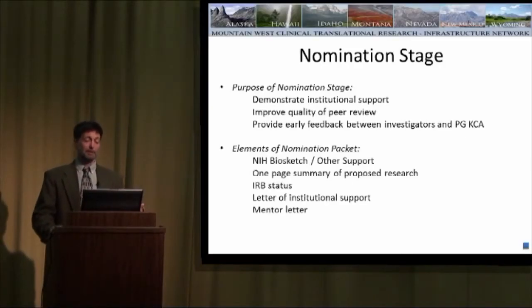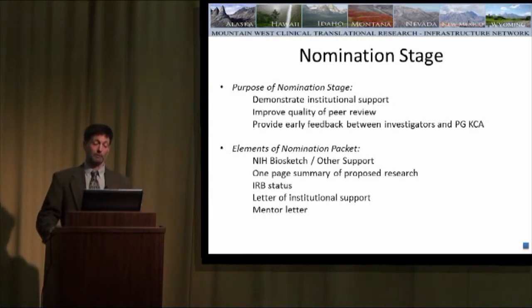So the elements of the nomination packet are several, one of which is an NIH biosketch and other support so that we can confirm that in fact the PI is eligible to apply for this program and doesn't have conflicting funding sources.